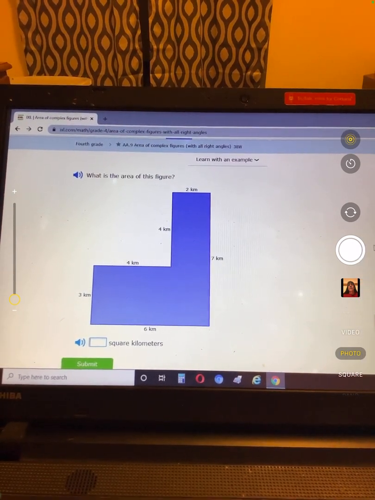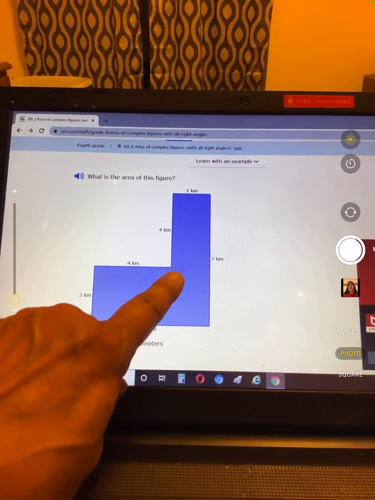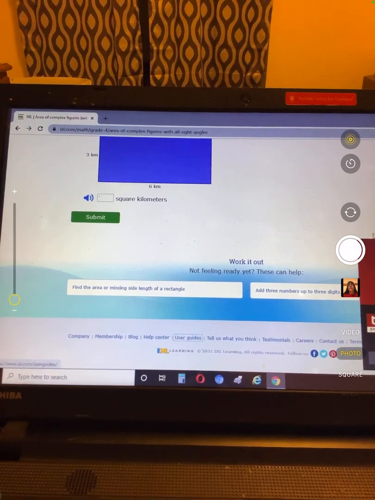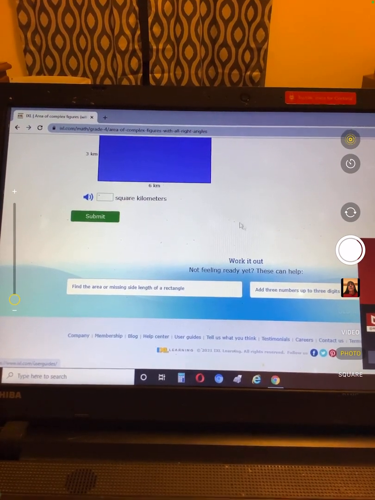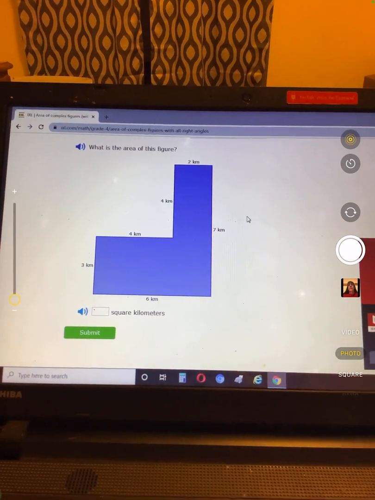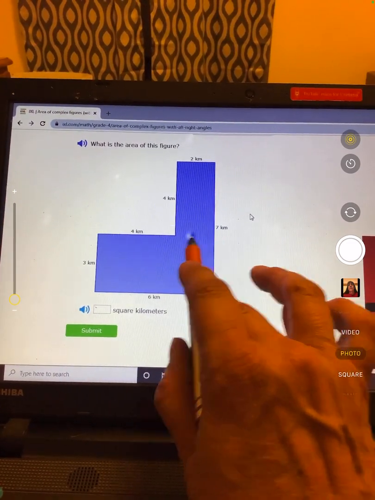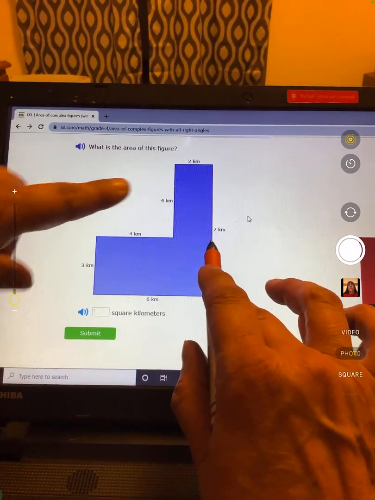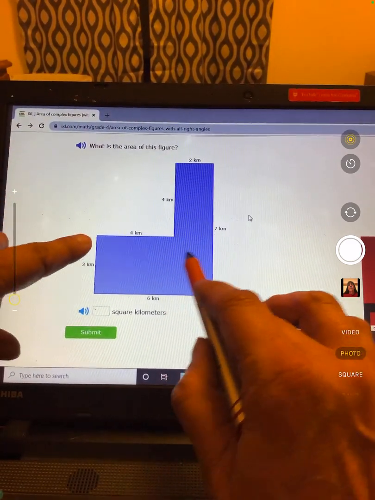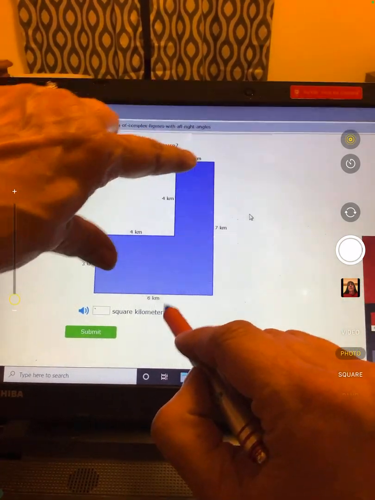So if I go across here, now I have a rectangle that's 4 kilometers by 2 kilometers, okay? See, because 4 plus 3 is 7. 4 plus 2 is 6.